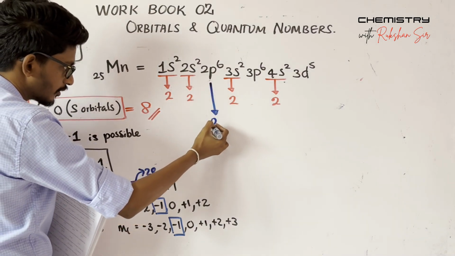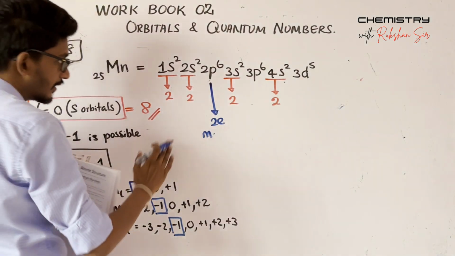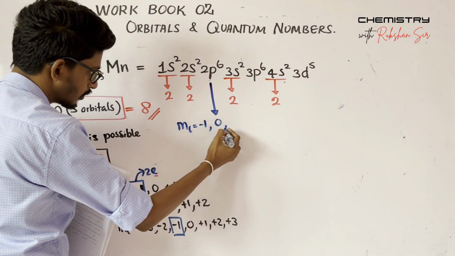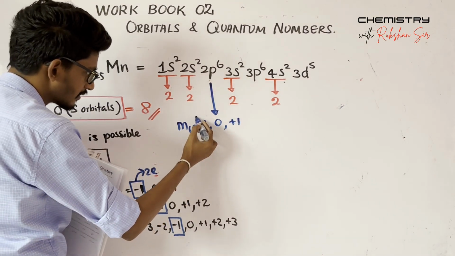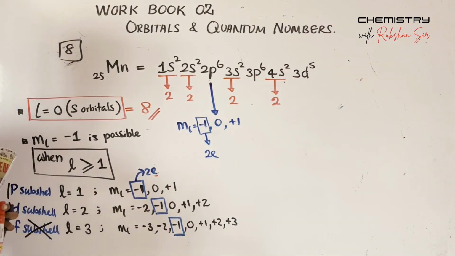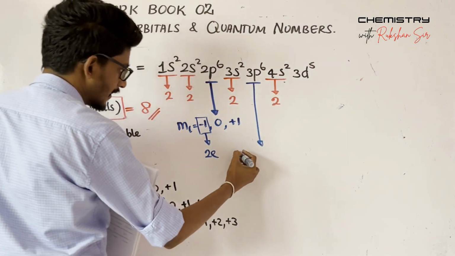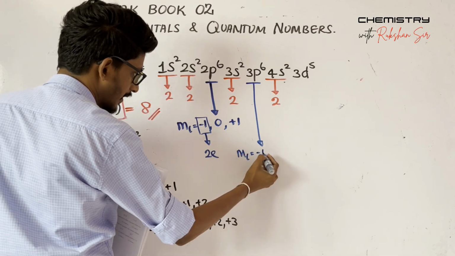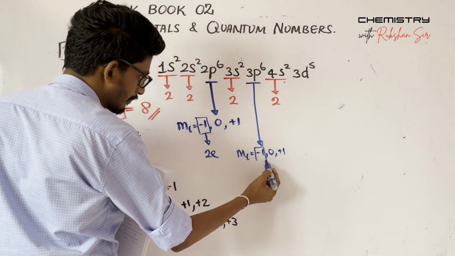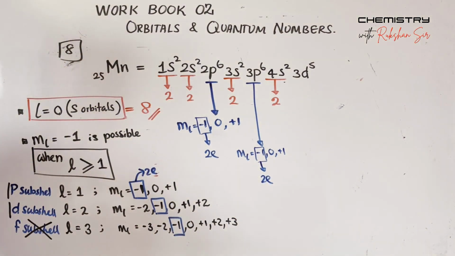So there you have 2 electrons with Ml minus 1. You have Ml values minus 1, 0, plus 1. Here also with Ml minus 1 you have only 2 electrons.